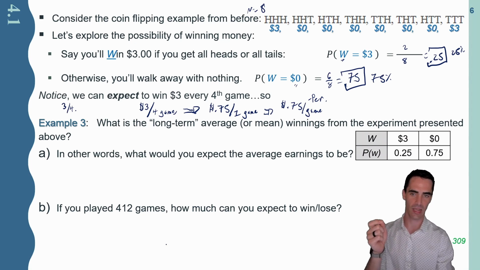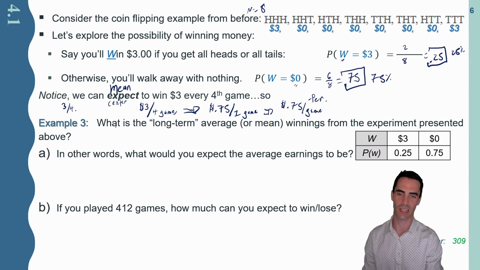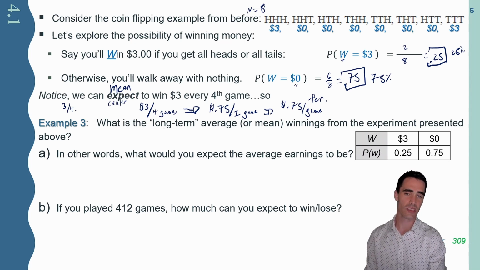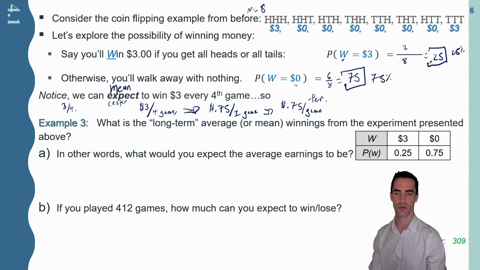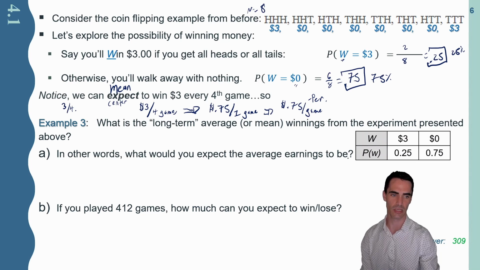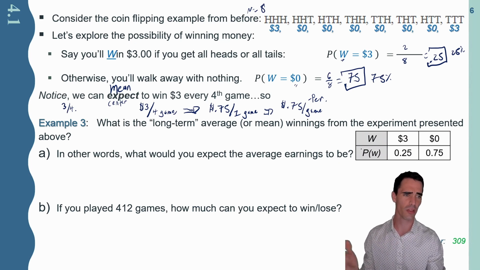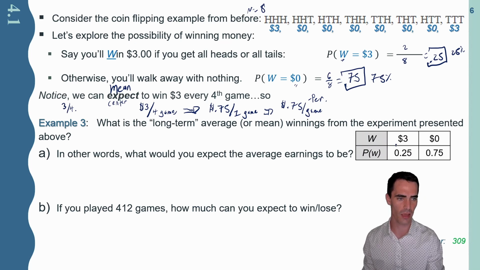This word expected actually has a very close tie with the idea of a mean. What's the center? Here's how we can answer that question. What is the long-term or average mean winnings from the experiment presented above? In other words, what would you expect the average earnings to be? There's actually a formula that I'll show you shortly, but the formula looks something like this. It's a game of multiplying 3 times 0.25.